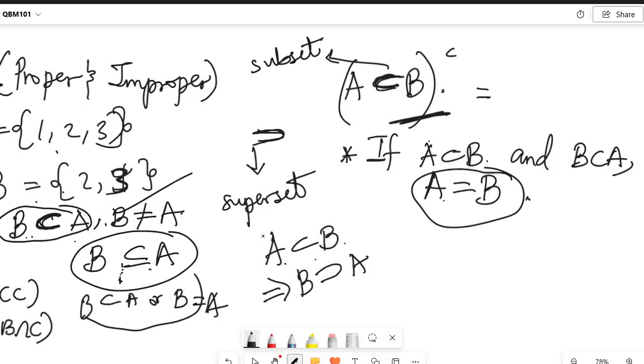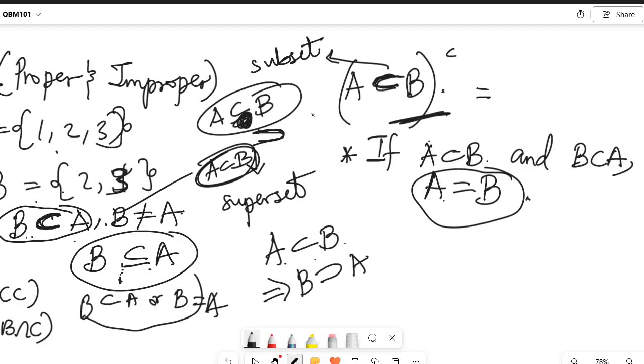But you must also take note that if I don't put the sign here, that means that there's no possibility that they are equal. If I just write it like this, it means that they are not equal in that sense. So most times they are strictly not equal, but once I now put the sign here, it means that there's a possibility that they are equal. So that's the point.